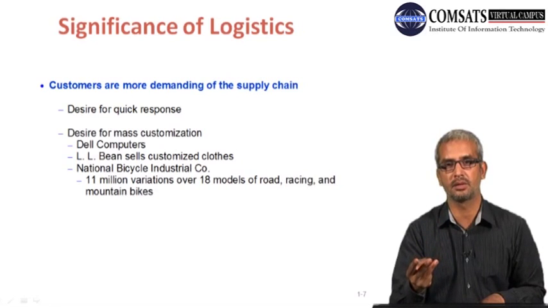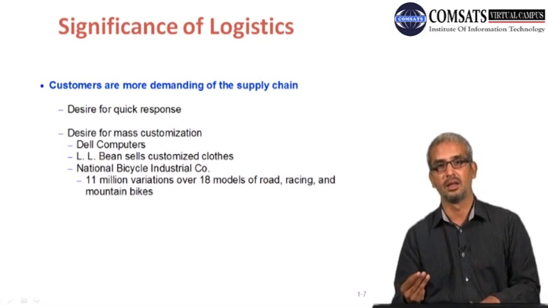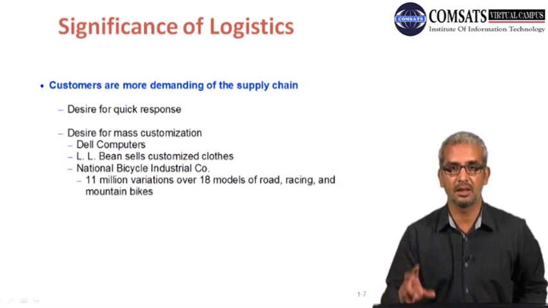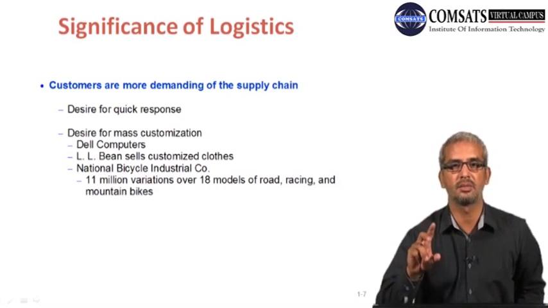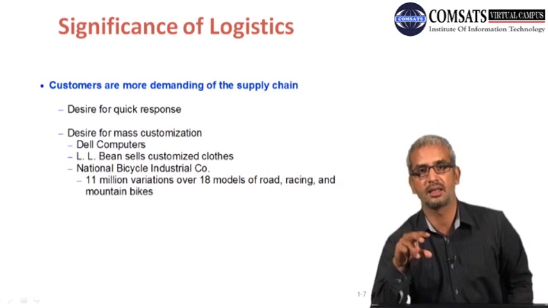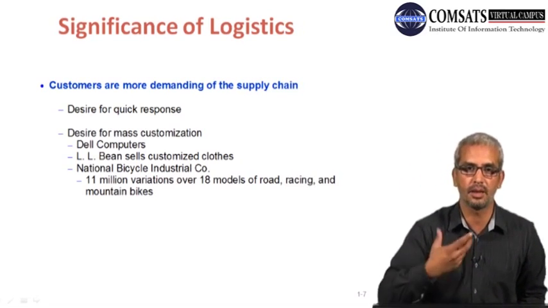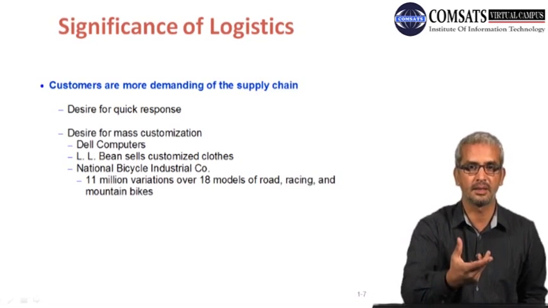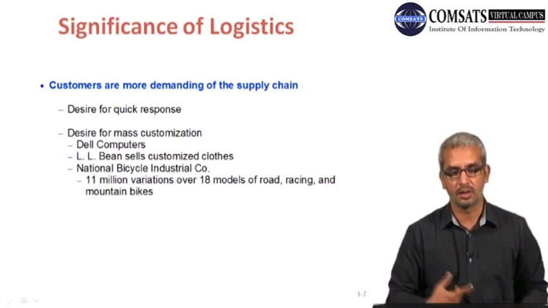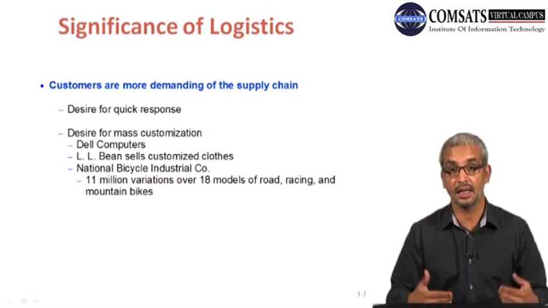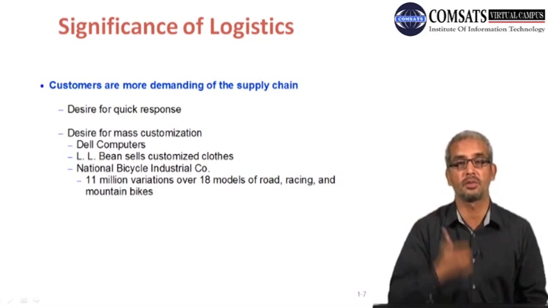Now that would mean that I can go online, customize my order, say this is the type of bicycle that I would need, and that bicycle would be specifically made for me and delivered to me. This is the mass customization and an expectation from the supply chain process.